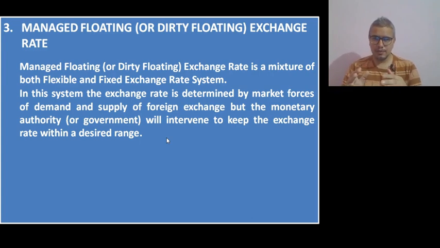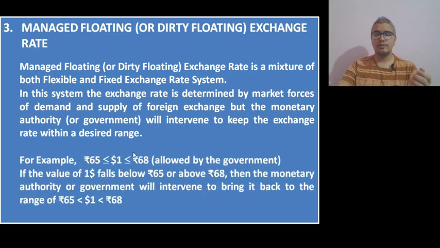And if the monetary authority finds that the exchange rate is going beyond that desired range, then the government will intervene and bring that exchange rate back to that range. Let's see that with the help of an example.